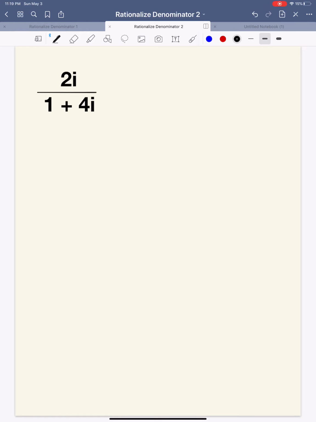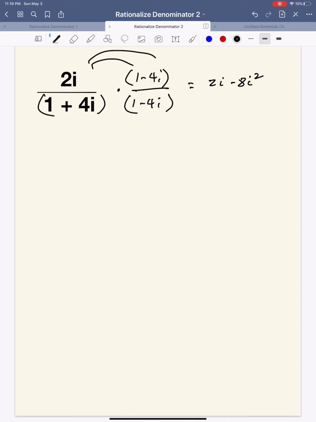The conjugate here, 1 minus 4i. All those parentheses at the top, 2i minus 8i squared all over. And again, here, if you just want to FOIL down at the bottom here, you can. It doesn't matter to me if you do it in the problem or not. But I just want you to see it again, just on its own.